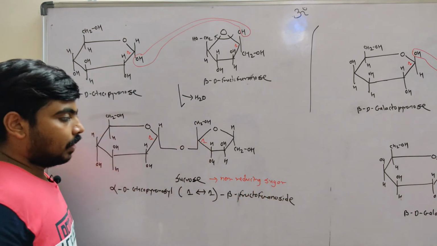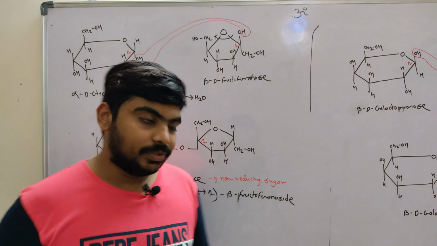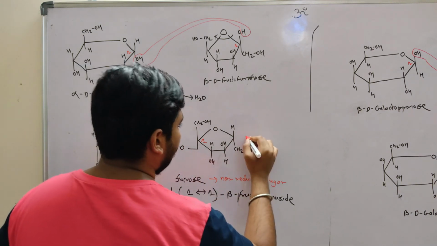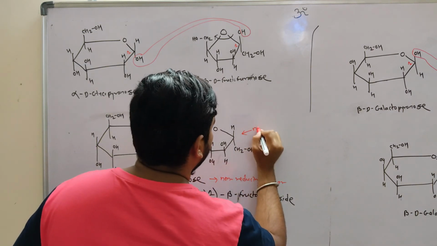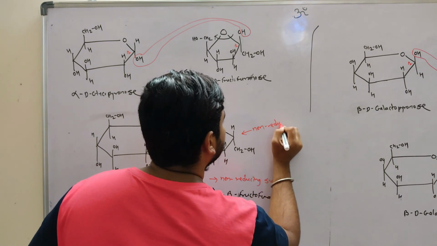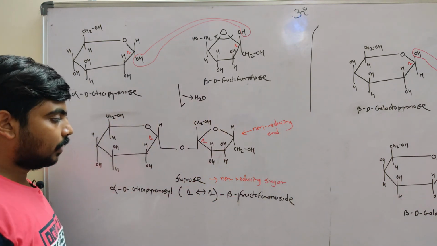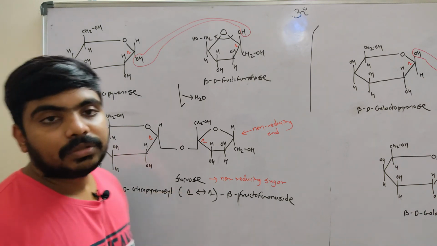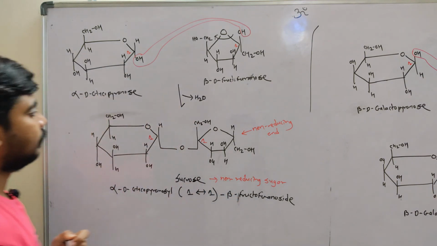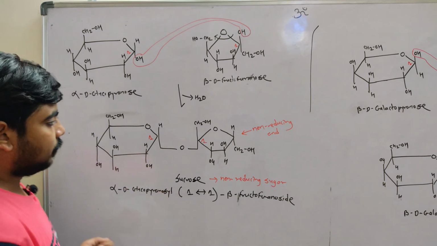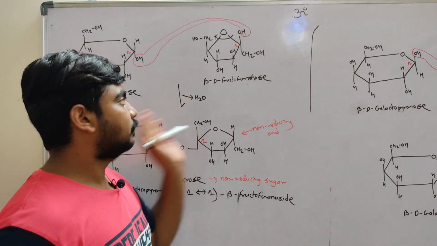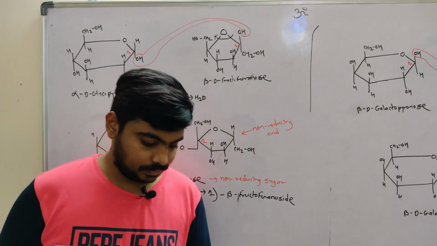Maltose and lactose are reducing. This one is non-reducing, so it has a non-reducing end. This is how sucrose is formed from glucose and fructose.